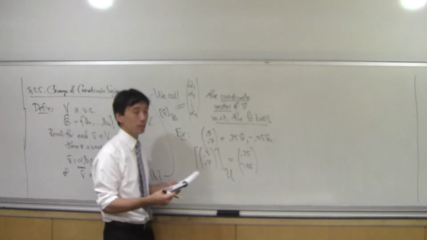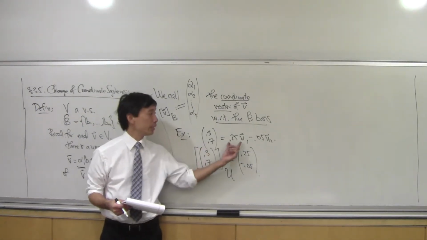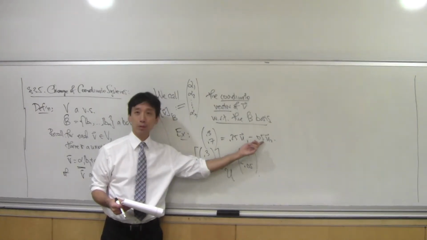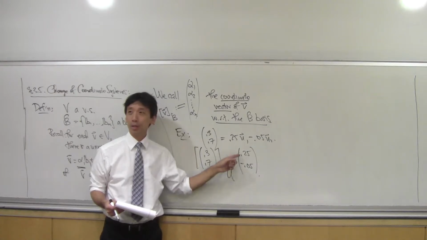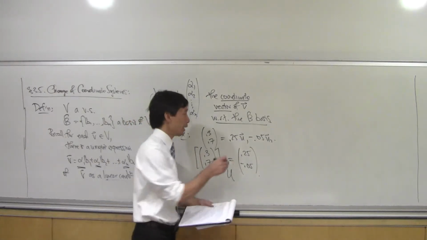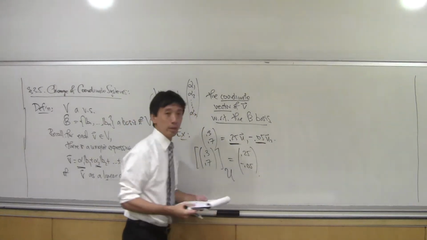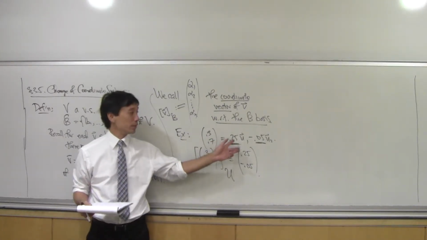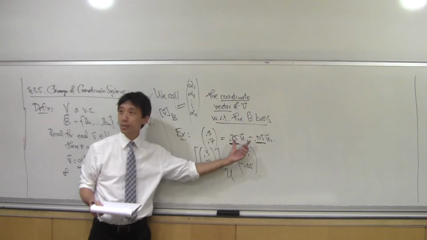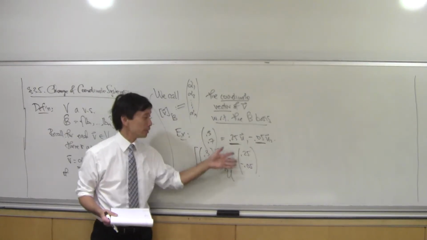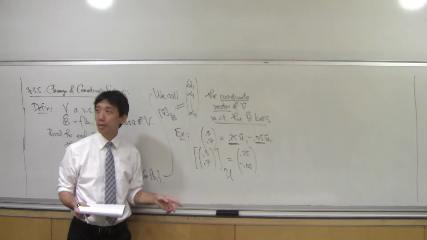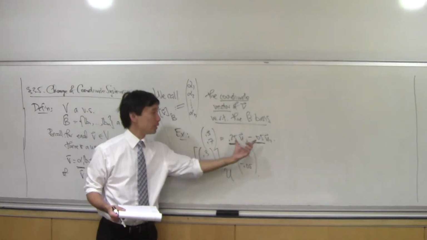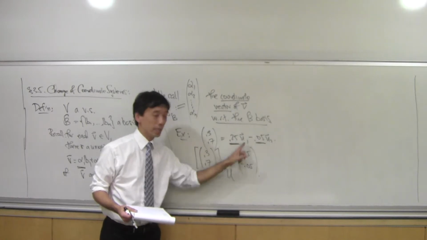You take your vector, express it as a linear combination, and then use those coefficients as your coordinates. If you have a basis, this gives you a coordinate system, a way of putting coordinates on your vectors.